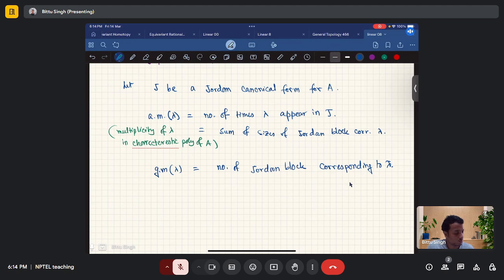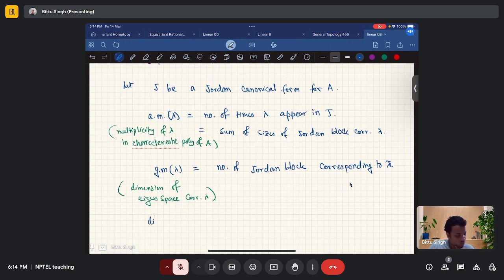And recall that geometric multiplicity is defined to be the dimension of the eigenspace corresponding to lambda, right? Other results are like this.